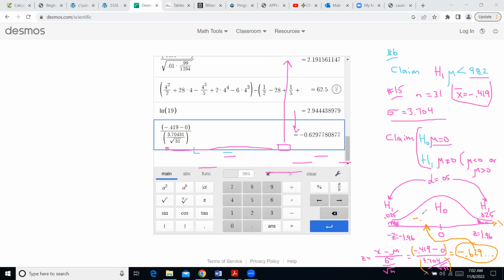Minus 0.62... is in the area called H0. So I say yes to H0 and I say no to the opposite. And since yes is given to H0, my claim was supported. So the forecast is correct.